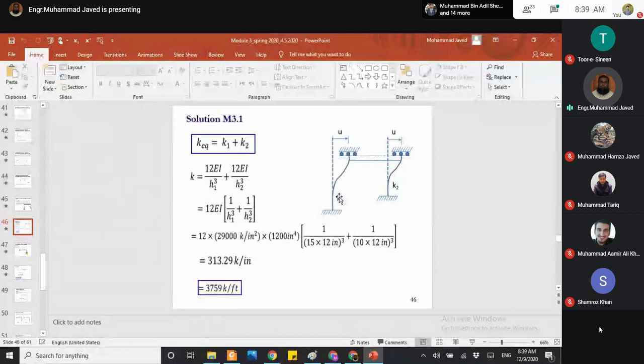And the stiffness of fixed-ended column is 12EI over H cube. So just insert the values of EI, H1 and H2 and you will get the value of K.